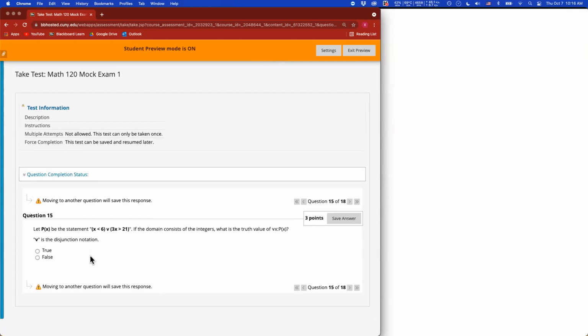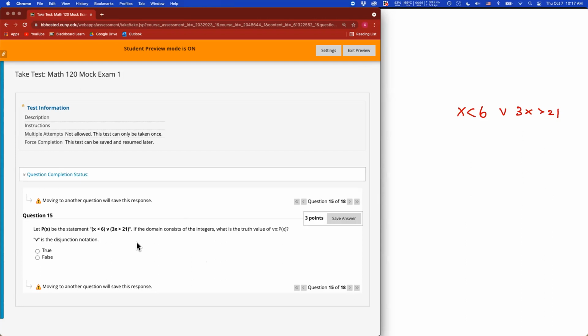Okay, so this is similar to the first example we did. We have x is less than 6 or 3x is greater than 21. Now we want to check, is it true for all values of x?